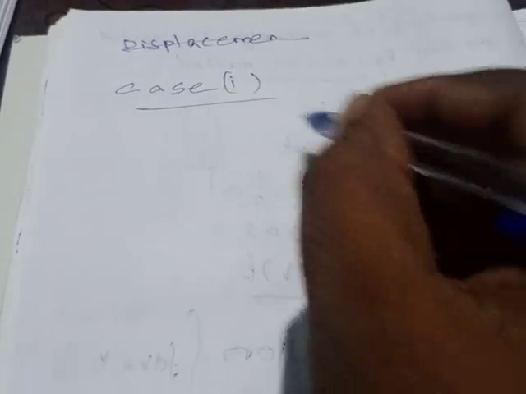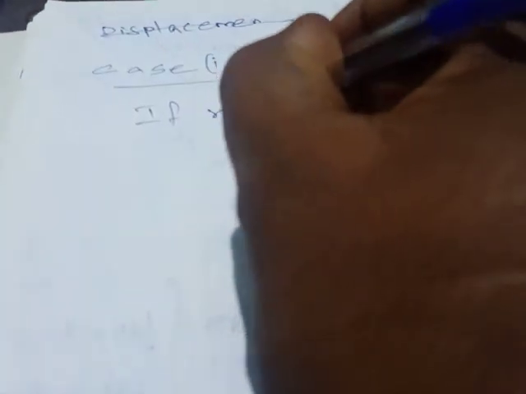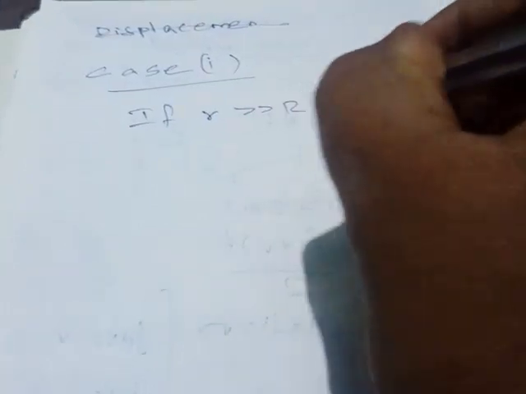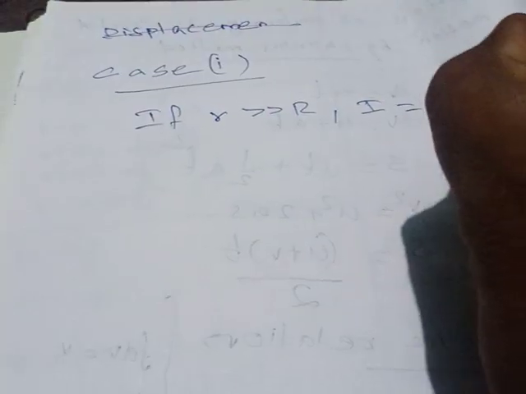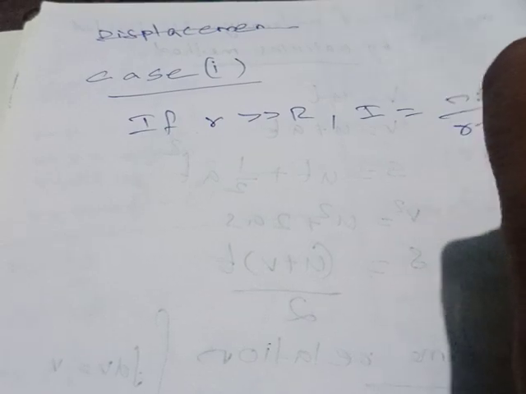Let us see the cases here. Case 1: if R is very much greater than r, then I is equal to what? n epsilon by R plus nr is the formula.